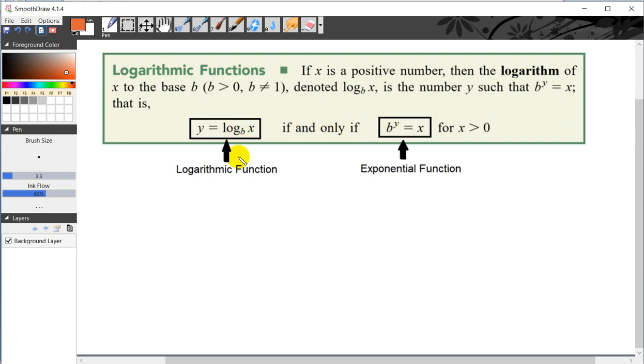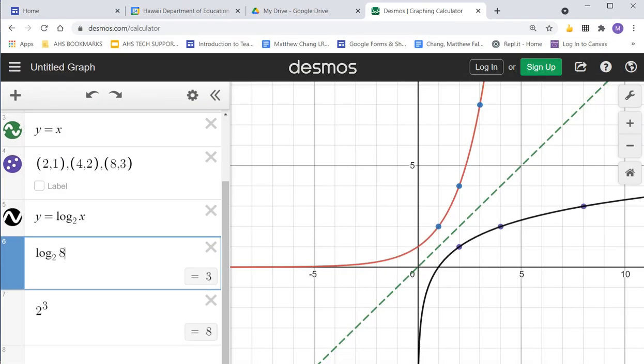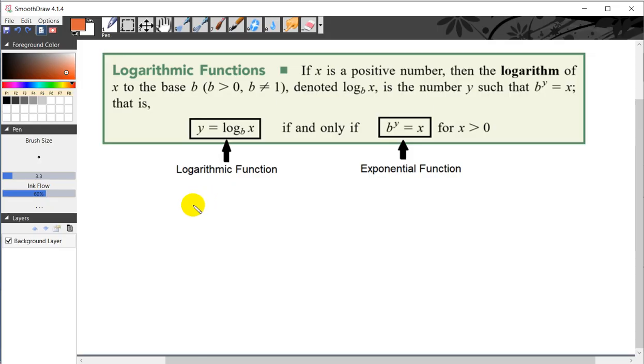What I also want to show you is, recall earlier when we did this with decimals, we had log base 2 of 8 equals 3. Let's write that there. This is log base 2 of 8 equals 3.